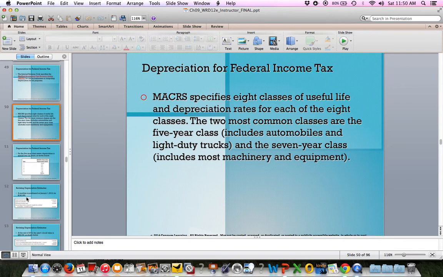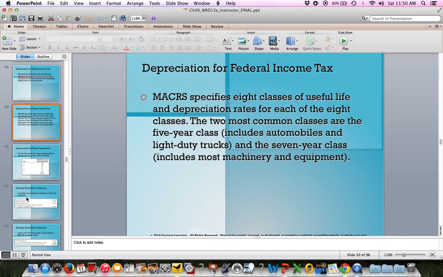So MACRS specifies 8 classes of useful life and depreciation rates for 8 classes of assets. The 2 most common are the 5-year class, which is automobiles and light-duty trucks, and the 7-year class, which is for machinery and equipment. Based on the asset type, when you buy an asset, it falls into one of 8 categories.